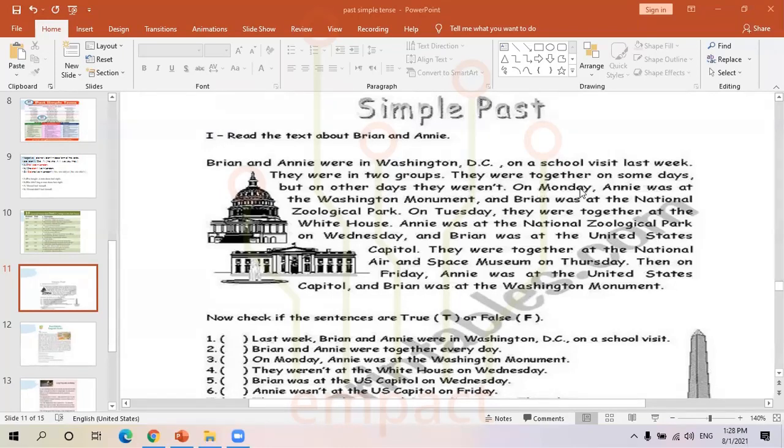On Monday, Annie was at the Washington Monument. And Brian was at the National Zoological Park on Tuesday.